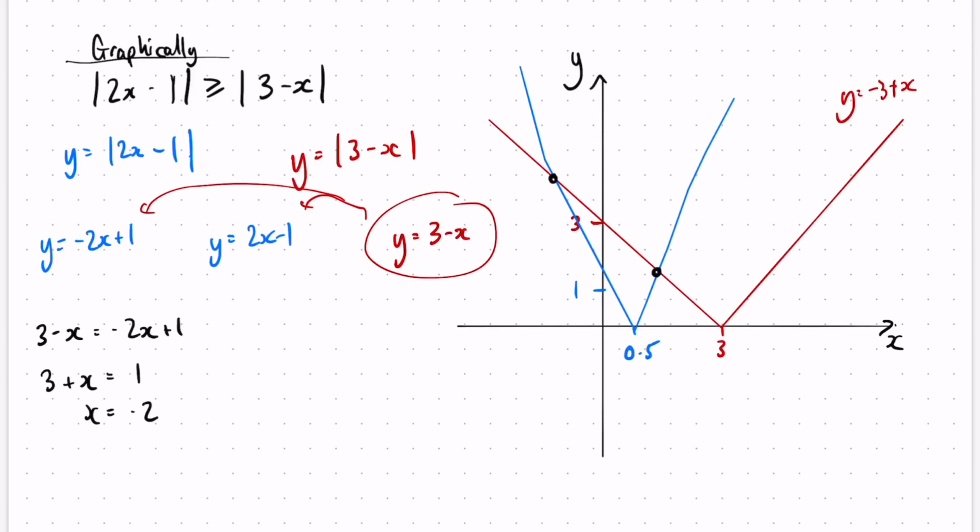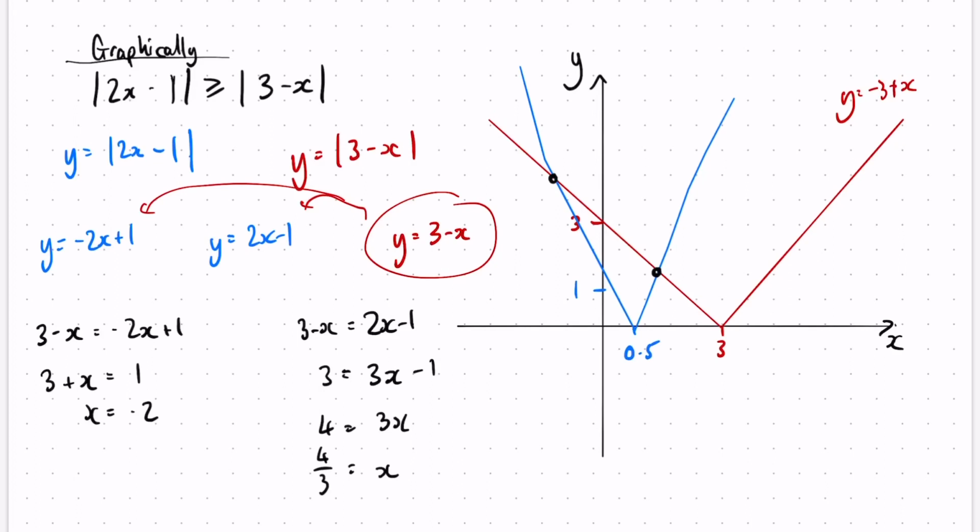And then 3 minus x is equal to 2x minus 1, which becomes 3 is equal to 3x minus 1, which is 4 is equal to 3x, x is equal to 4 over 3. Okay, so same solutions as I got a second ago.